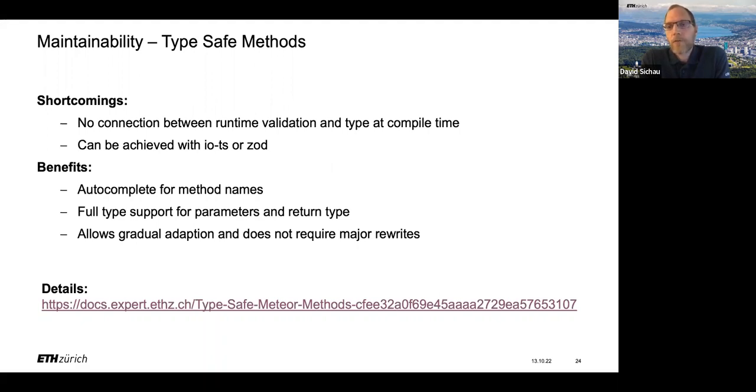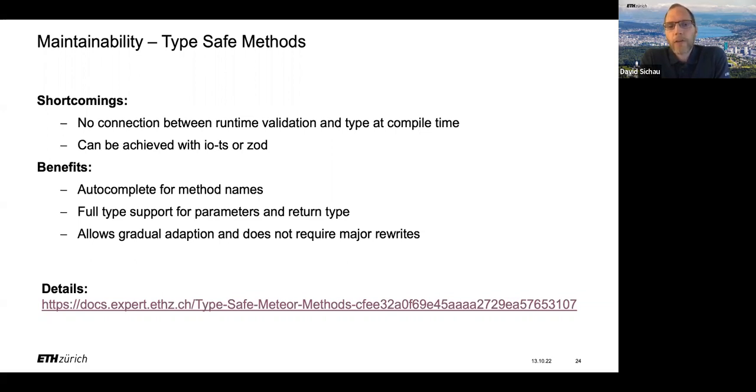There are also other libraries like Zod, which is currently proposed by some people at Meteor to be used. We actually use io-ts because we use fp-ts heavily in our application.